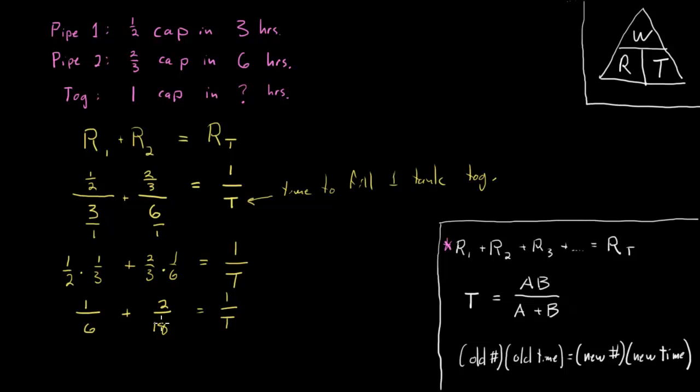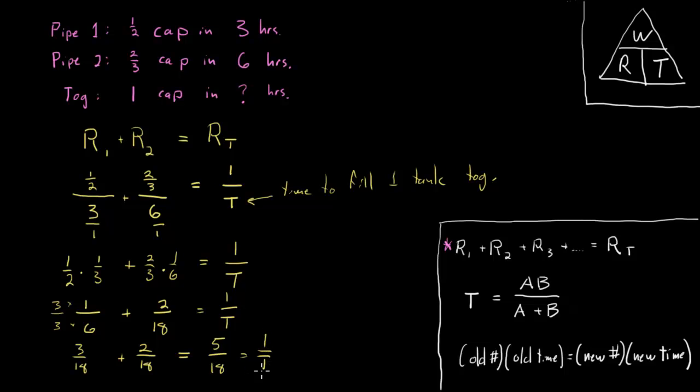So here I've got a 6, here I've got an 18, but I can turn this 6 into an 18 if I just multiply top and bottom of this fraction by 3. And that leads me to, for the first term, 3 over 18. For the second term, I have 2 over 18, and we can add these together. 3 plus 2 is 5, and we keep the same denominator. 5 over 18 equals 1 over t.